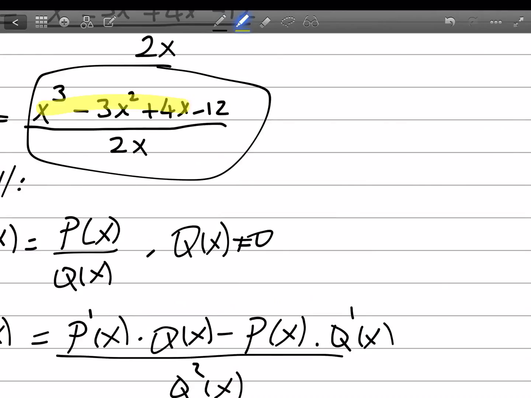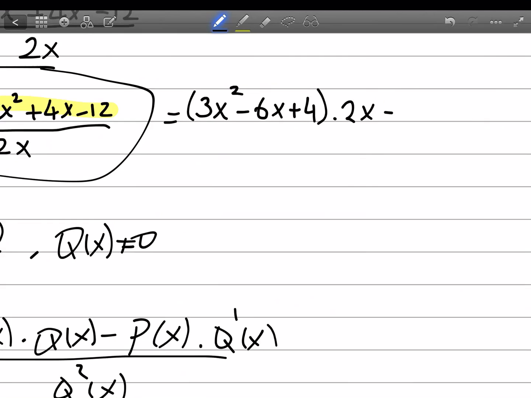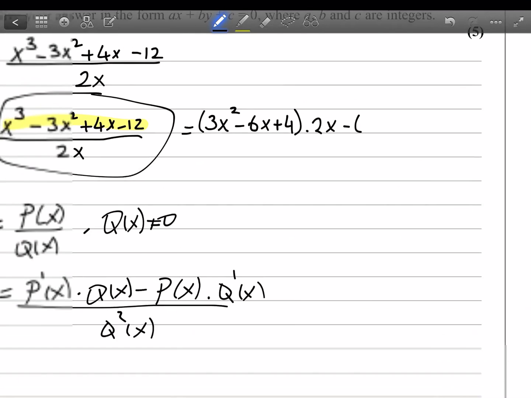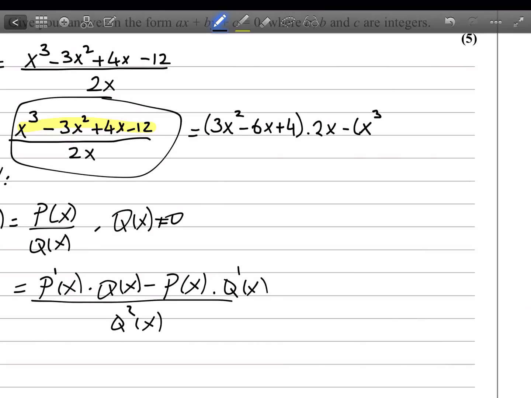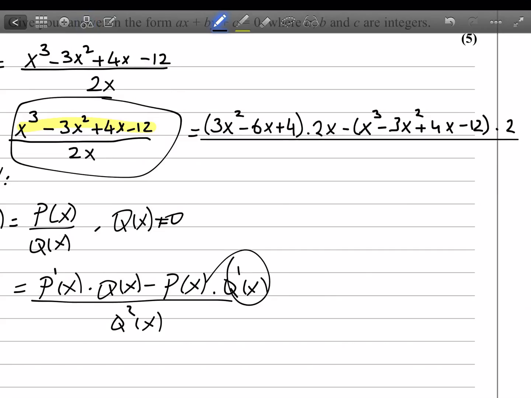Derivative of the numerator, 3x squared minus 6x plus 4, times 2x, minus x cubed minus 3x squared plus 4x minus 12 times q prime, which is 2, over the square of the denominator, 4x squared.